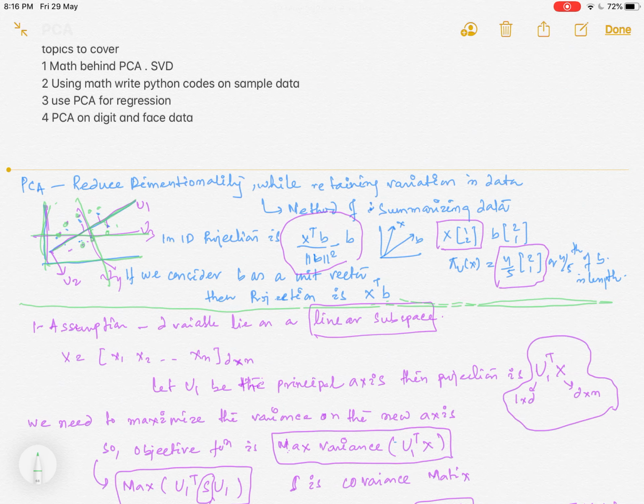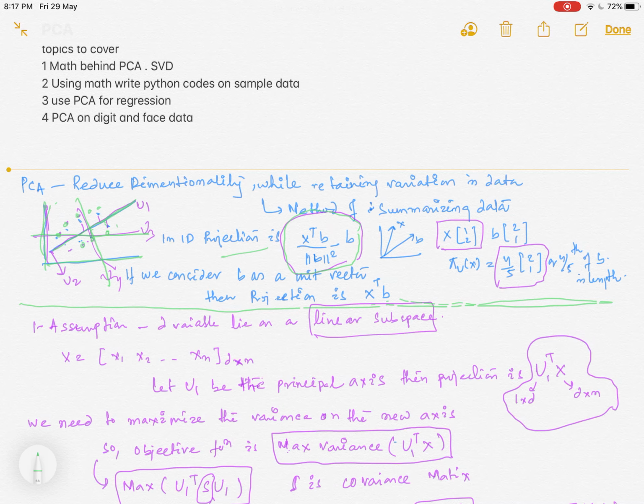To start with, the first thing is we need to project the data points onto a line. How is it done? The projection formula is x transpose b divided by mod of b squared, times b. B over here is a unit vector, let's take it as a unit vector, so the formula will be x transpose b.